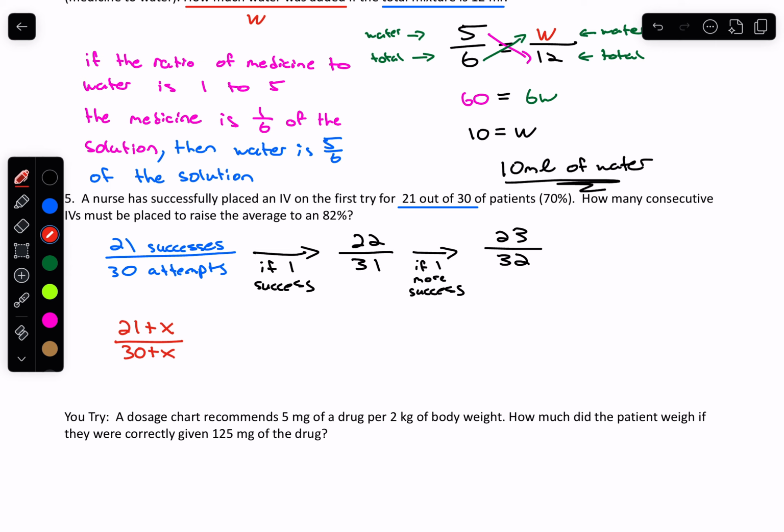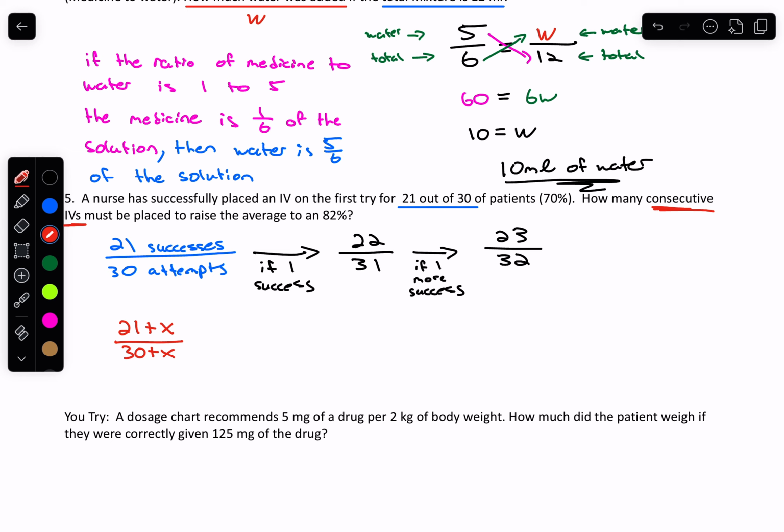So every time I increase x by 1, I add 1 to the number of successes, and I also add 1 to the number of attempts. So 21 plus x over 30 plus x is going to represent our new average when we do consecutive IVs. Okay, so the fact that we're doing consecutive IVs is what tells me to add x to both the top and the bottom. So consecutive successes.